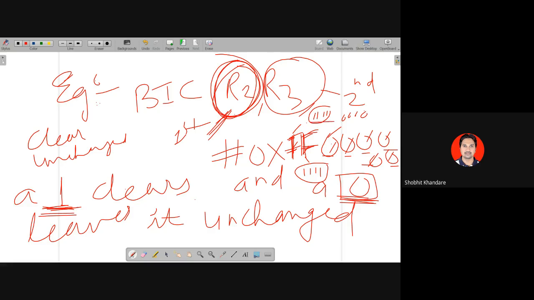Where there is 1, the corresponding bit in the first operand will be cleared. So as far as R2 is concerned, the upper two nibbles will be cleared, and all other bits will be unchanged.